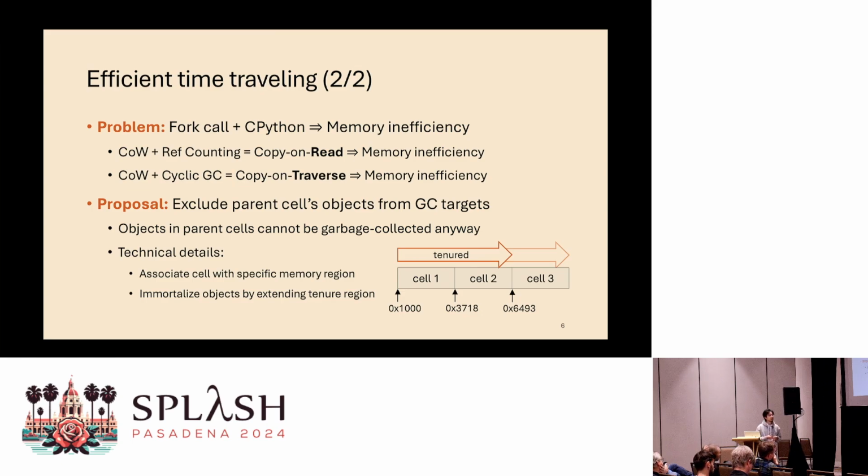More specifically, the copy on write strategy of the fork system call does not function well with the garbage collection system in CPython. CPython uses reference counting to manage objects, so it performs memory writes when reading objects at the Python level. Furthermore, CPython runs a cyclic garbage collector periodically, and so it performs memory writes when marking objects on traversing the object graph.